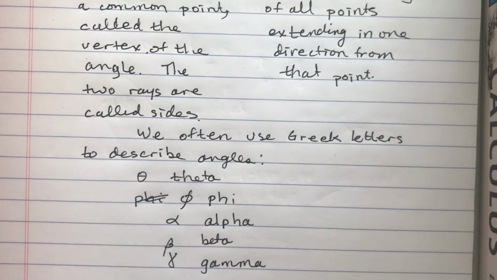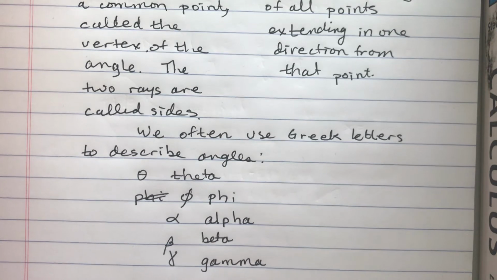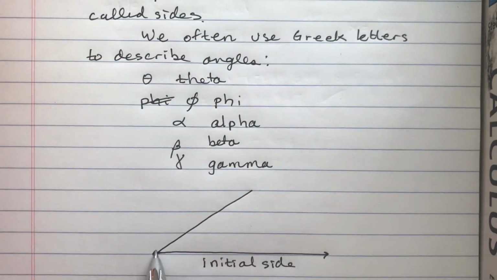All right, so the convention often, but not always, is to write one of the sides horizontally and call that the initial side. When you draw this ray so that it opens at a point to the right, just like the positive x-axis, in the same direction, that'll come into play.